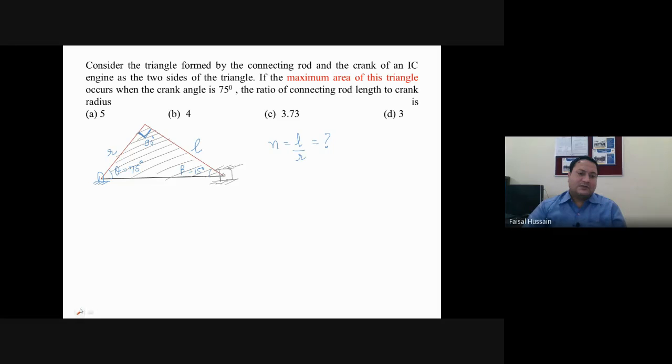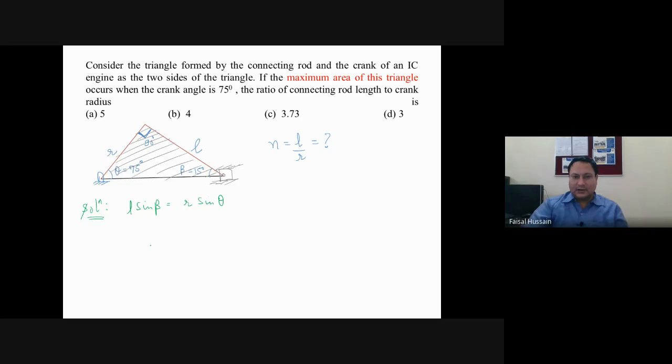Now let us move to the solution. In the solution, what is the sine rule? L sine beta equal to R sine theta.